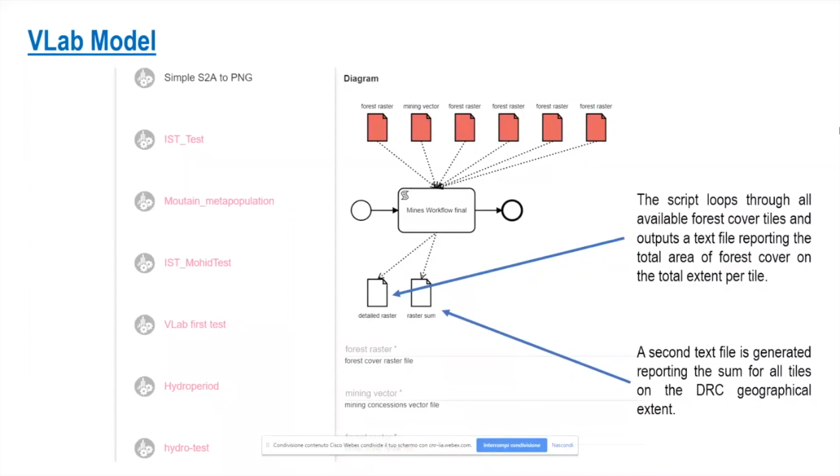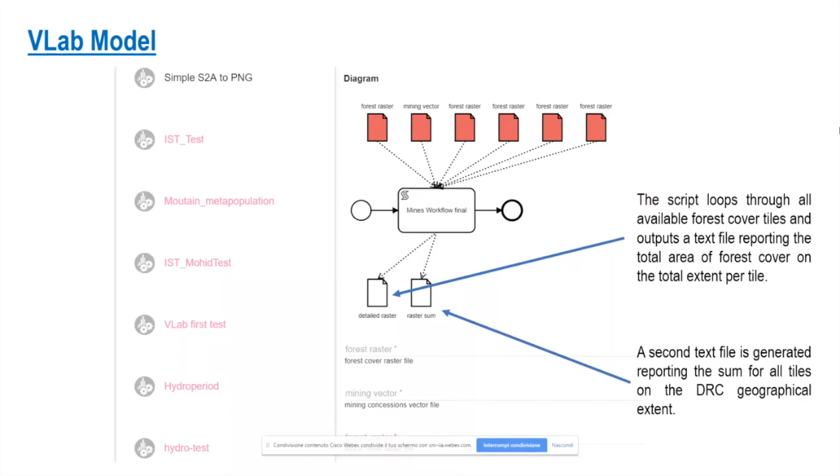And after we tested this script on local, and once it was working fine, we went through the GitHub process and the Docker in order to transport the model on the VLab and try to run it on the VLab. So this one is the actual model that can be found on VLab.